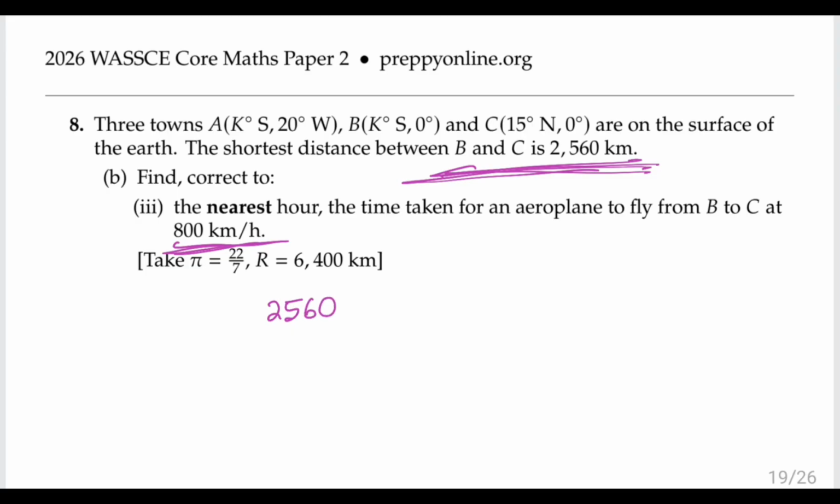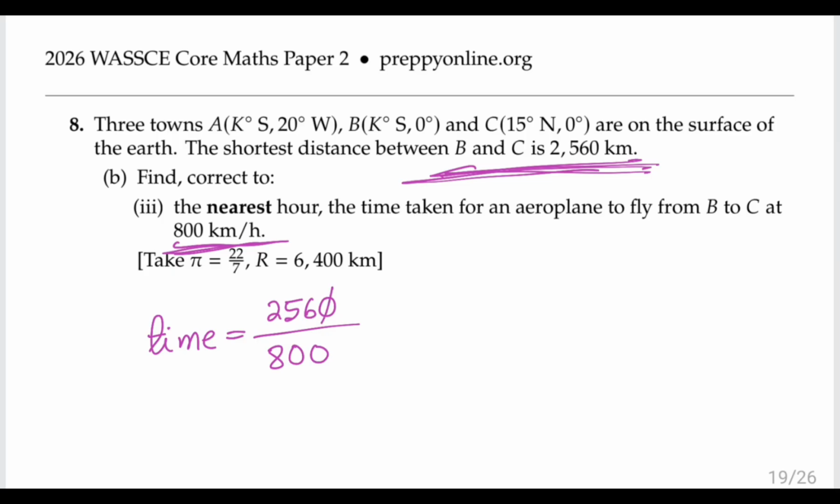So now, if you have an aeroplane traveling at 800 kilometers per hour, then the time that the airplane is going to use to travel is 2,560 over the speed, which is 800 kilometers per hour.